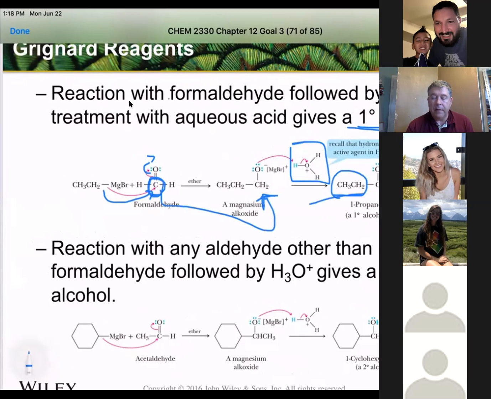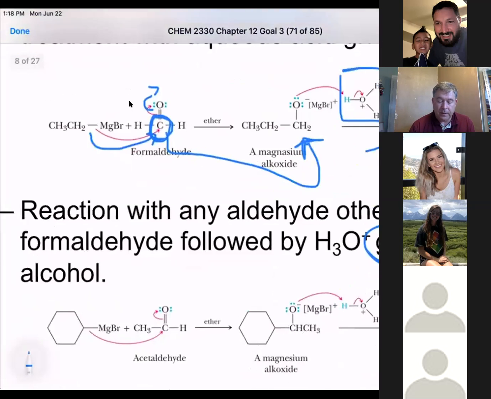So formaldehyde always makes primary alcohols. What if you had an aldehyde that wasn't formaldehyde? That means all other aldehydes yield secondary alcohols. And let me show you why.